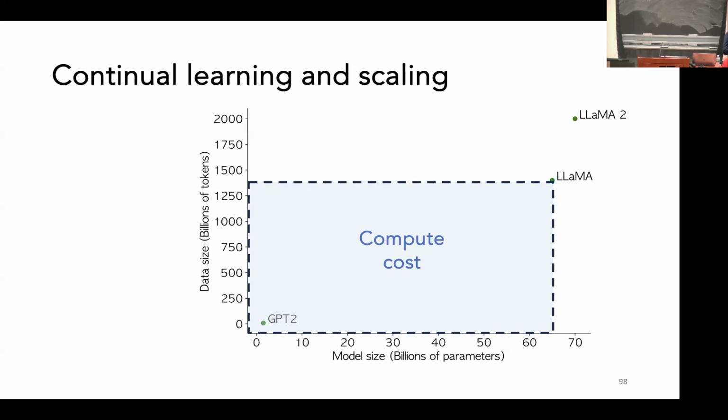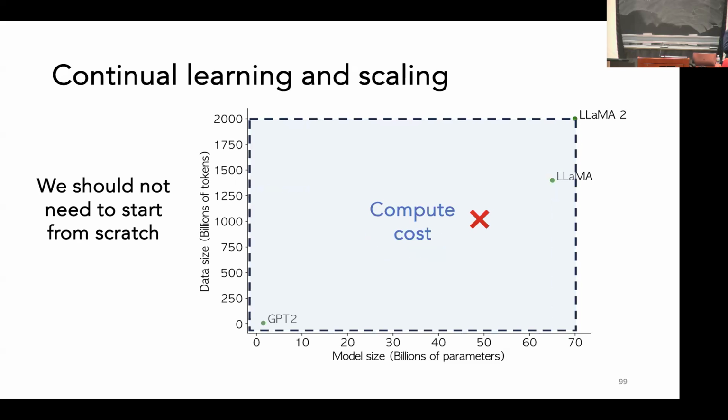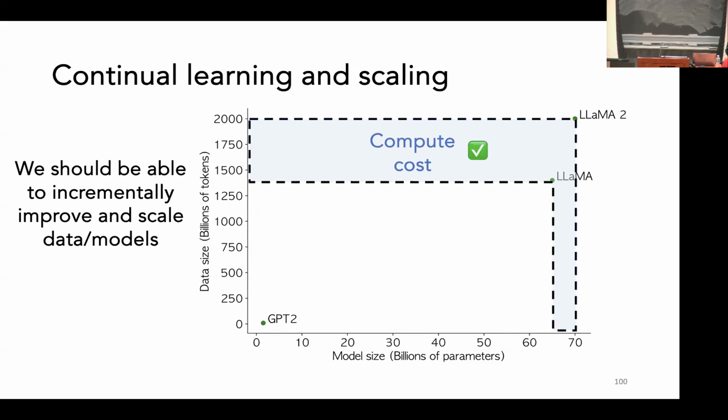On this plot, you can visualize the compute cost for training Llama, for example, as a product between the two axes. And if you want to develop Llama 2 starting from Llama, right now you have to pay all of that compute cost and then some. But we really shouldn't have to start from scratch. We should be able to incrementally improve and scale both the data size and the model size.